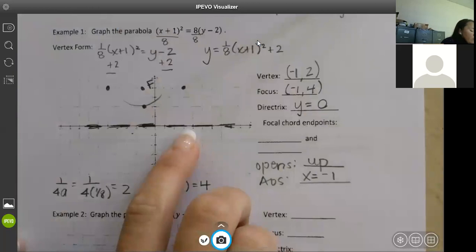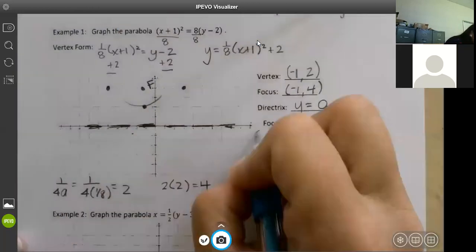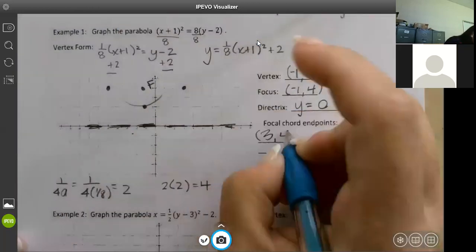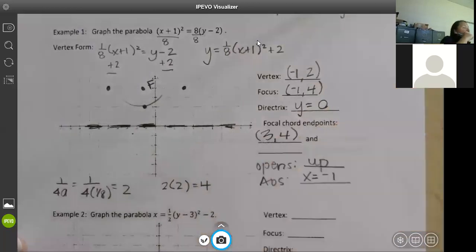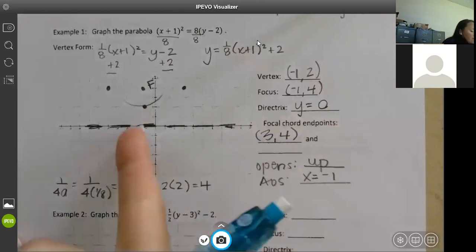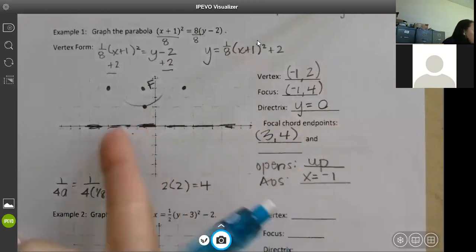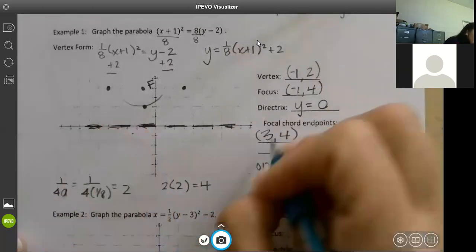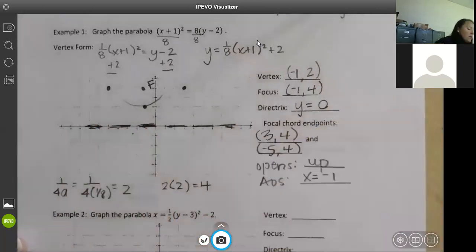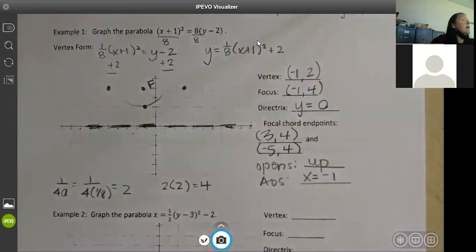Yeah, if we were at -1 and we went right 4, we're at +3. And then they both are at 4 high. On the other one, I was at -1, I went over 4, which makes it -5, and I went up 4. So that's it. It's the same exact thing. I'll put my new graphs on there so you guys can really see it. All right. Any questions? Same exact thing we did yesterday.